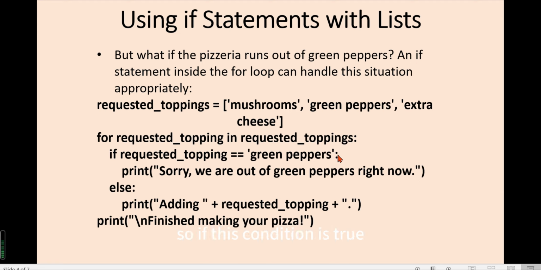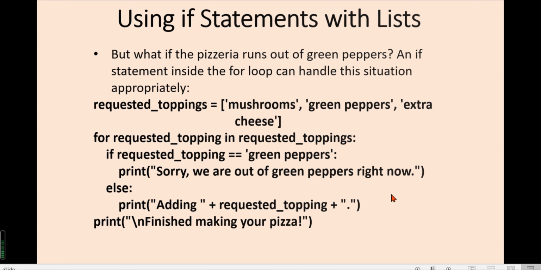If this condition is true, we'll print, sorry, we are out of green peppers right now. And if it is not green peppers, then we will run the else block and print adding this topping. And outside of the for loop, we'll print a final message, finished making your pizza.